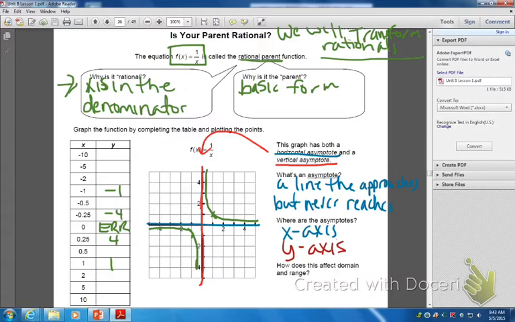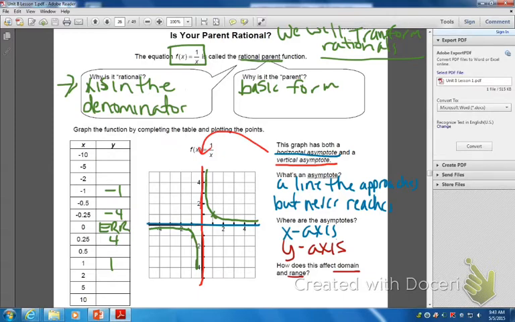Our asymptotes play a very important part when we try to find our domain and range. This is a pattern that you need to make sure that you understand. So if I'm looking for my domain, all those possible values of x, what are all the values that x can have?